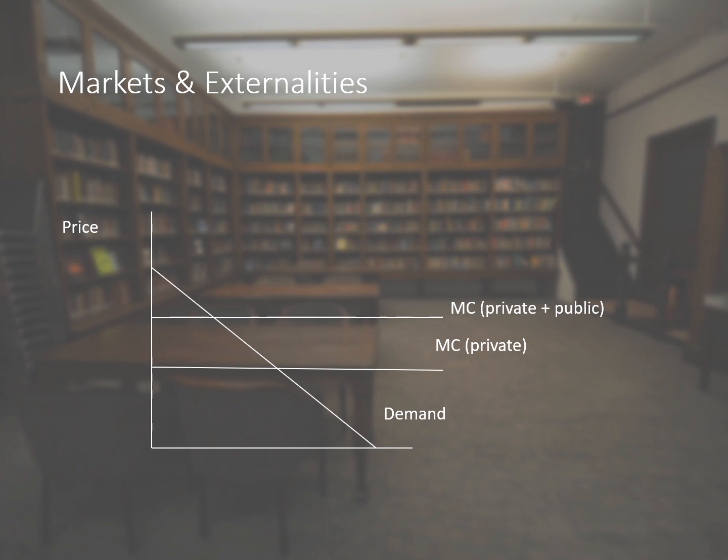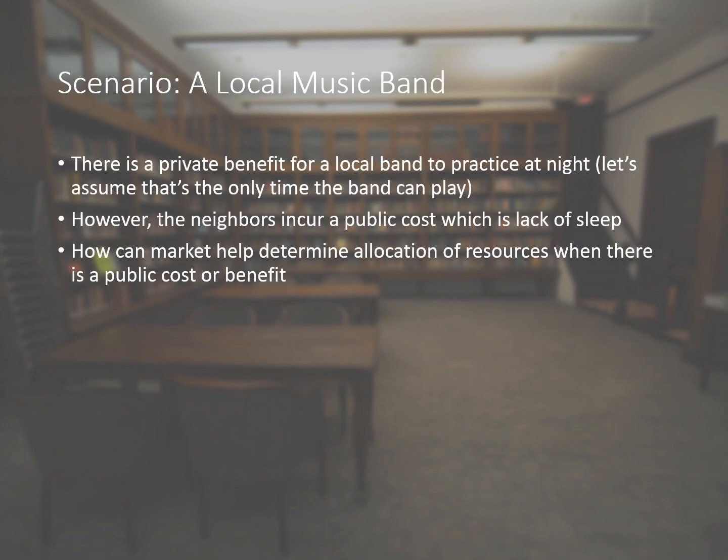Usually the example is pollution, and this can be noise pollution in the Harley-Davidson example I had earlier, or if you've ever had a noisy roommate or a noisy neighbor, then you know that their benefit and costs of playing loud music does not include your cost of not getting enough sleep, which is not fair to you. So usually pollution is a good example of how there's a public cost that's not factored into the original equations.